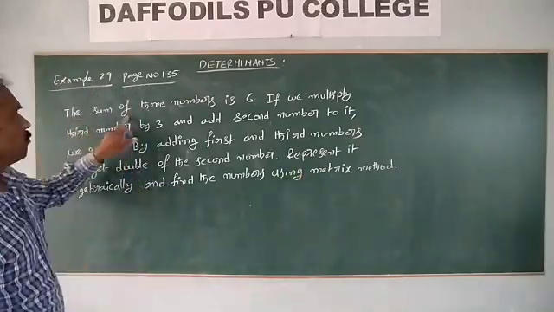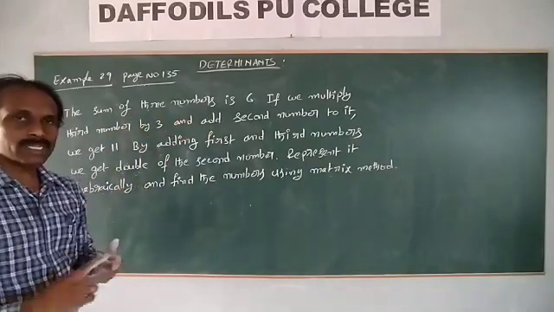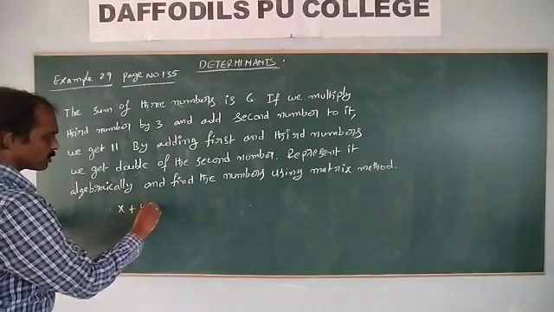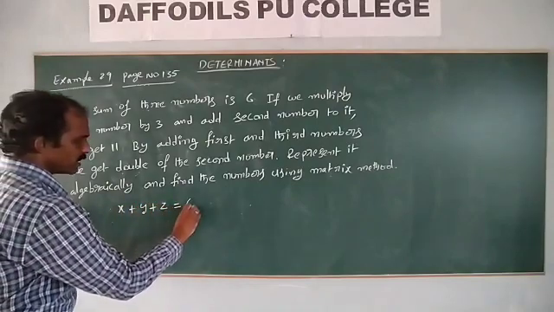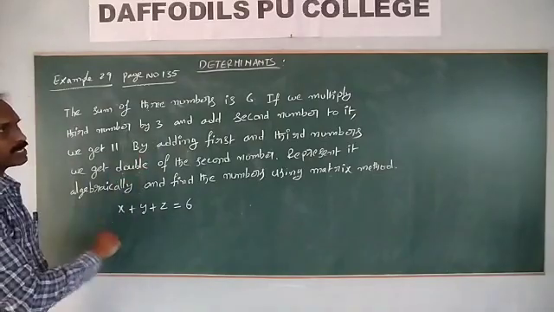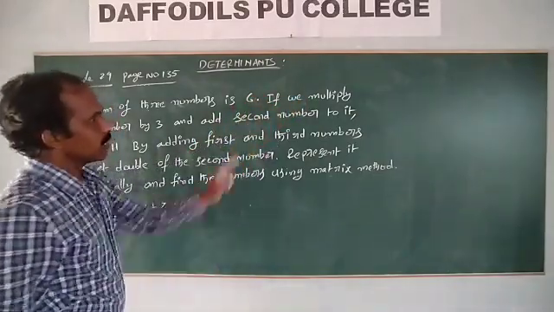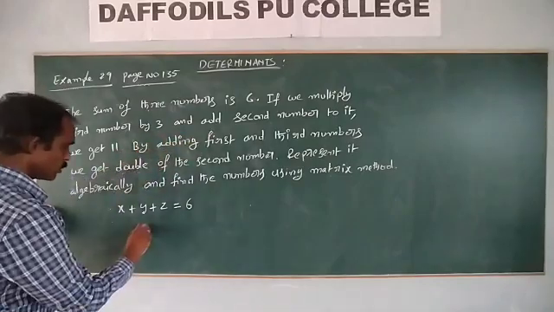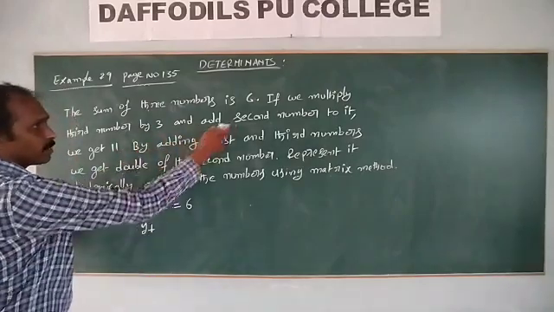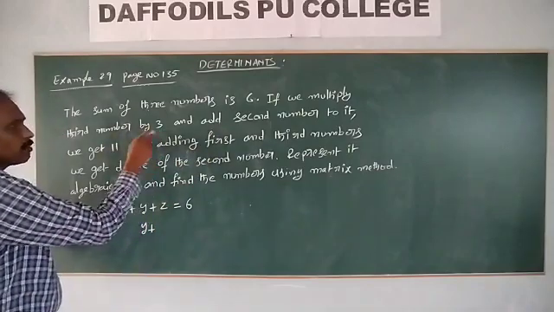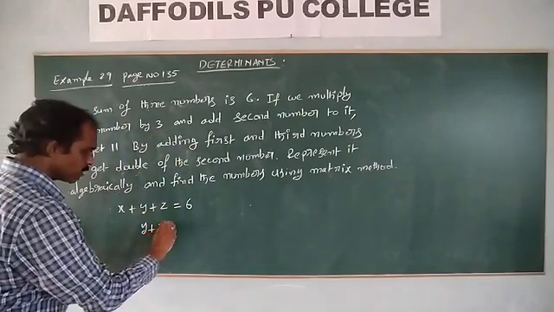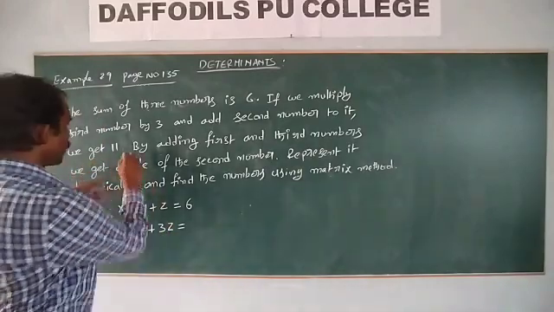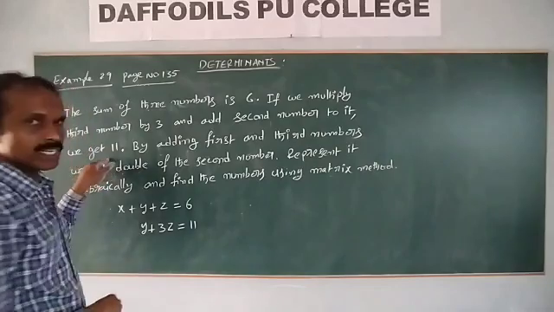First of all, the sum of three numbers. Let the three numbers be x, y, z. So the first equation: x plus y plus z is equal to 6. Second, if we multiply the third number by 3 and add the second number, y plus 3z is equal to 11.